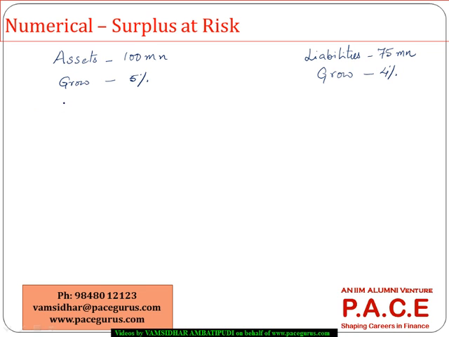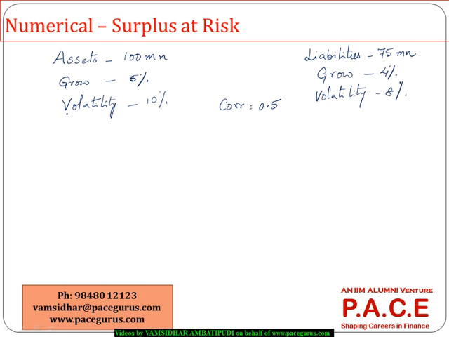So here also you assume that the volatility of assets is, let's say, 10%, and volatility of growth in liabilities is, let's say, around 8%. And you assume that the correlation between the growth rate of assets as well as liabilities is, let's say, somewhere around 0.5.